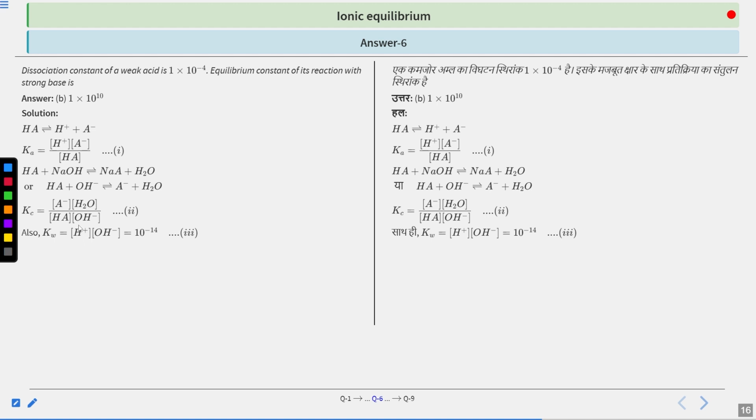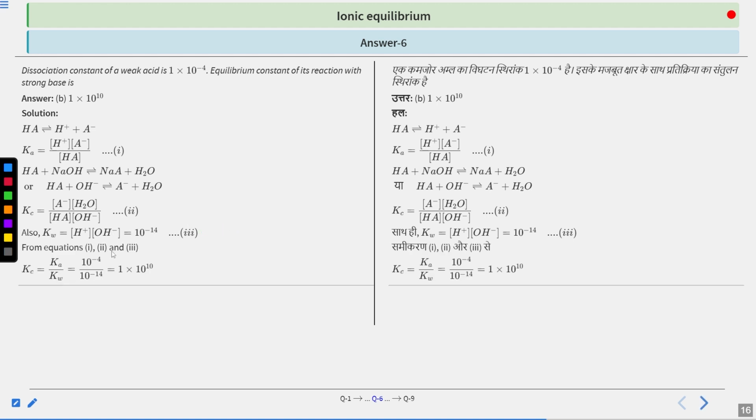We already know that the H plus concentration multiplied by the OH minus concentration gives us 10 to the power minus 14. So this is equation number 3. So what can we write? Kc is equal to Ka by Kw, because this A minus by HA multiplied by the H plus coming from this H2O.